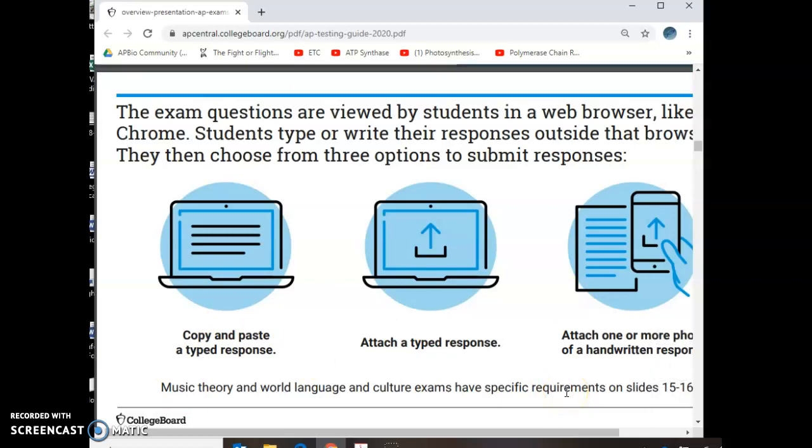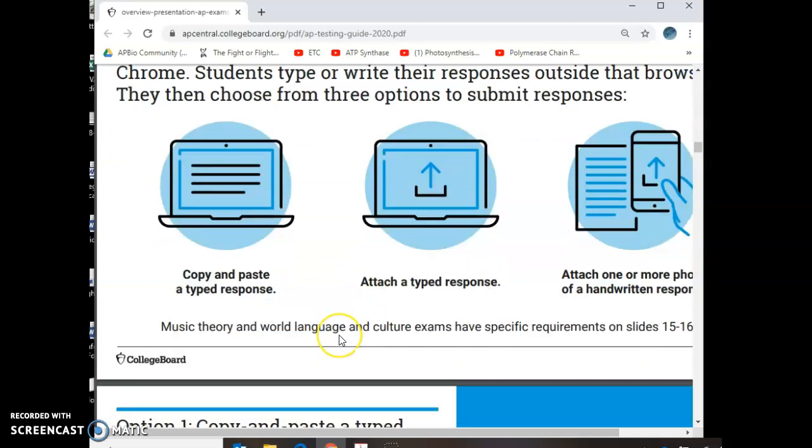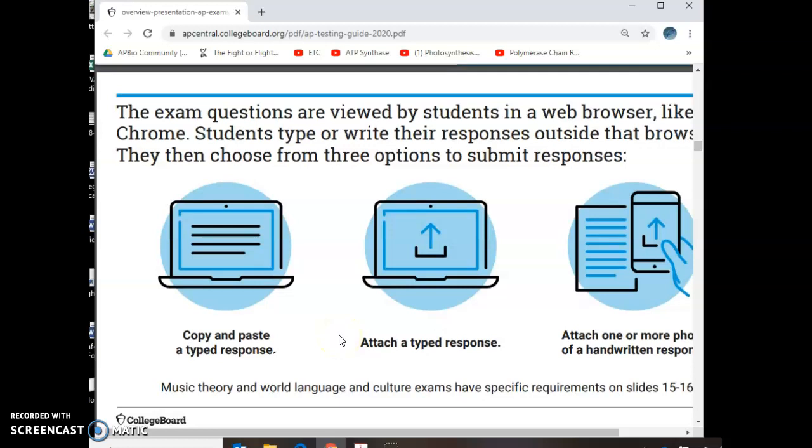You can either then copy and paste your written response into the test, or you can upload and attach that document. You cannot type directly into the web browser, into the website, into the test. You either have to copy and paste it, or you have to upload your attached response. We will be having a practice on this on May 4th. There's a tutorial, a demo that we can use for these 2 ways.